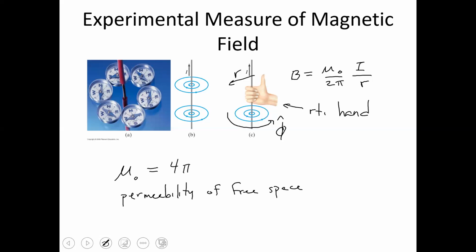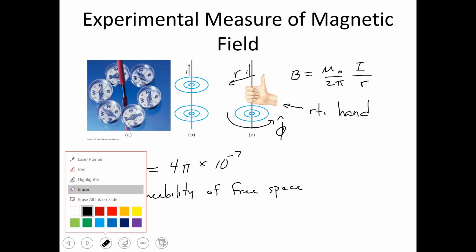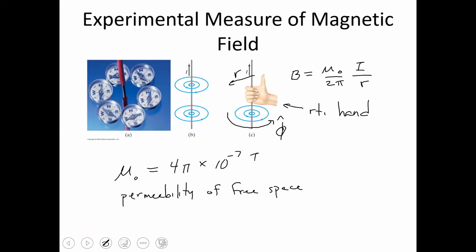It is 4 times pi times 10 to the minus 7. And our units are in Tesla meters over amps. So using that constant with that set of units would give us our magnetic field in Tesla, as long as we have our radial distance in meters and our current in amps.